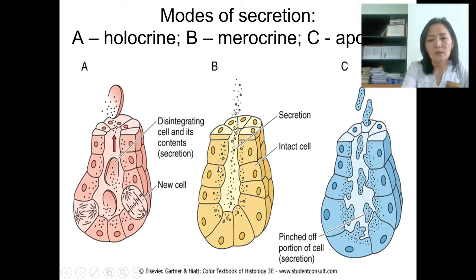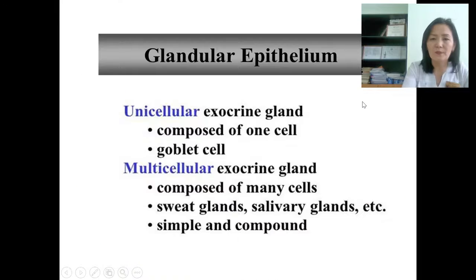We can see that all cells have all parts: cell membrane, nucleus, cytoplasm, all are present. That's why merocrine secretion. And this one is apocrine secretion. During the secretory process, each cell loses its apical part. That's why you can see apocrine secretion.